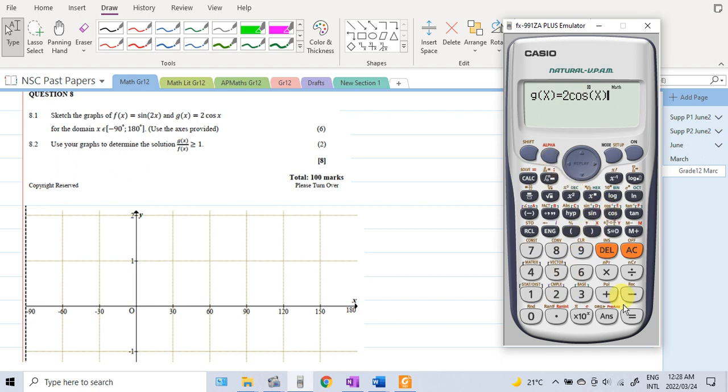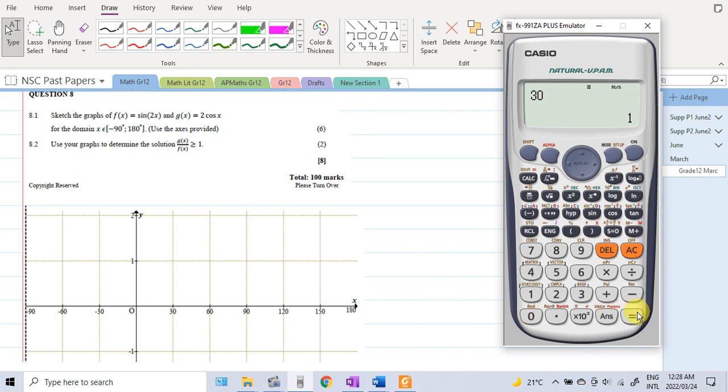If you don't have these fancy calculators, you just have to keep substituting values like minus 90, minus 60, minus 30 into each one, getting the value. We're ending at 180 degrees, in steps of 30 degrees. The famous steps are 30, 45, 60.